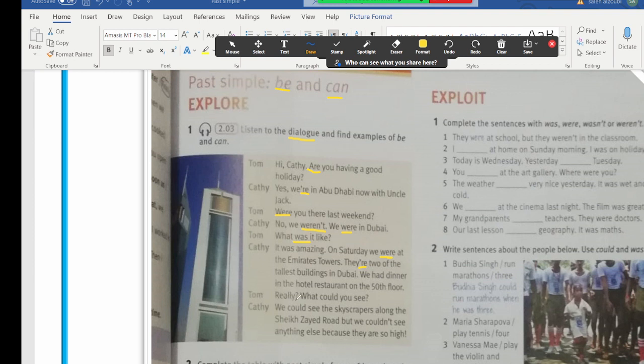Tom: Really? What could you see? Kathy: We could see the skyscrapers along the Sheikh Zayed Road, but we couldn't see anything else because they are so high.